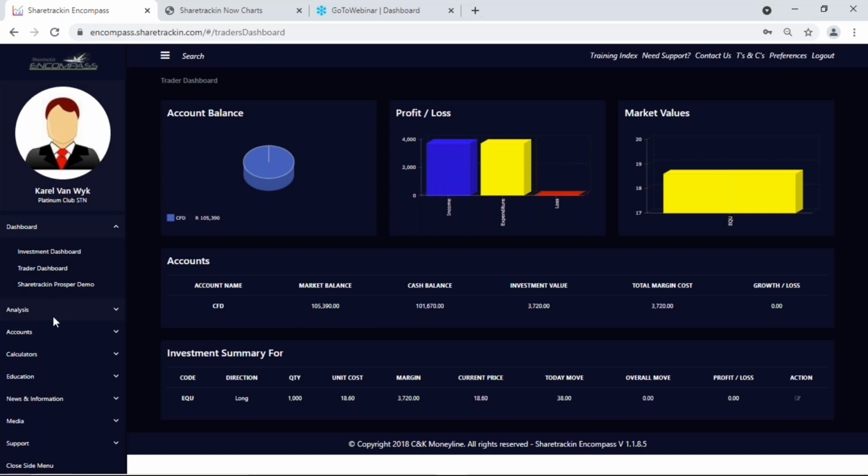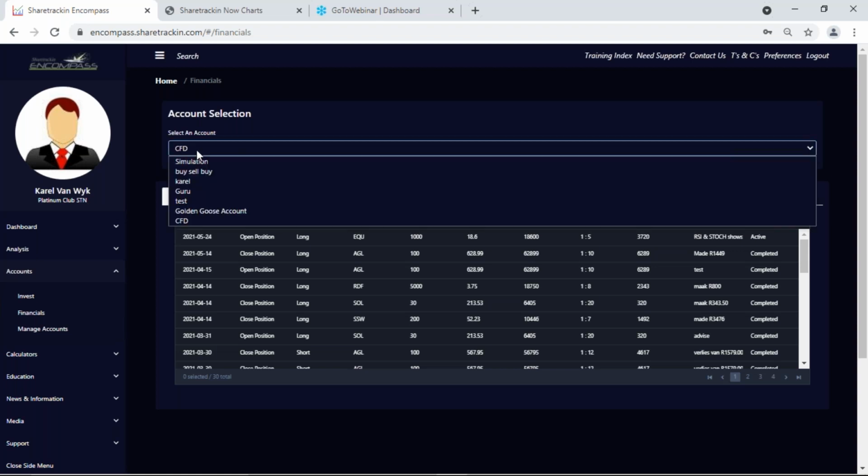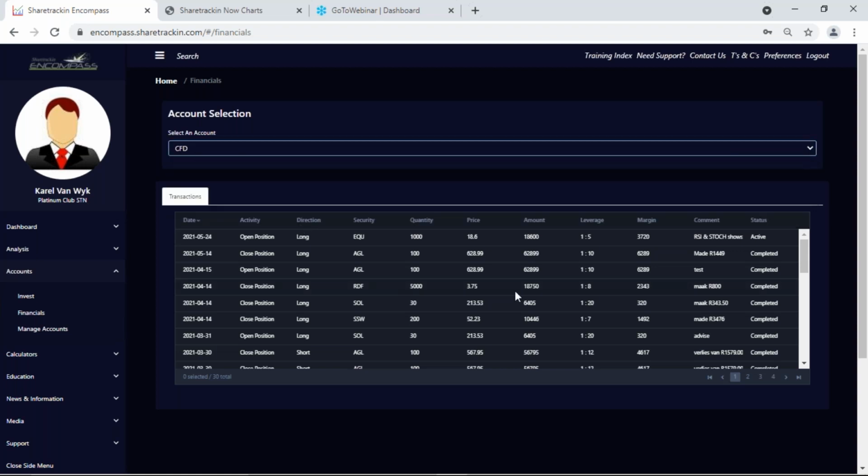And if I do want to have a look at my transaction history, I would go to accounts, financials, and I would just make sure that my account selection is on CFD. And there's my full transaction history. So there you can see the share that we just bought. My previous one I sold because I've made 1,449 Rand.